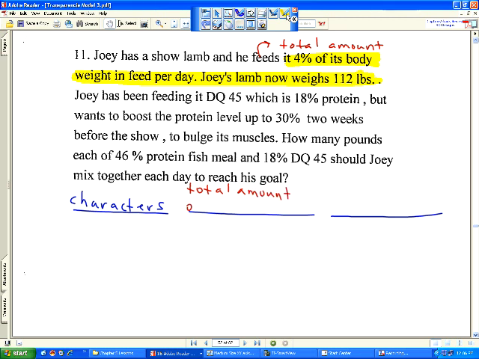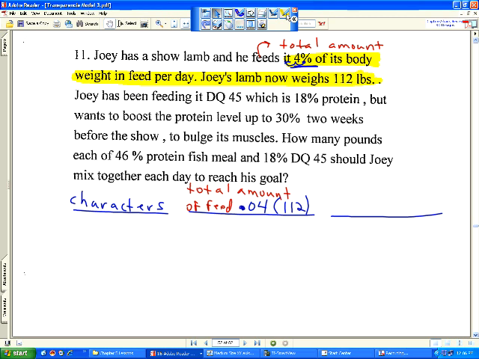The total amount of feed, DQ45 and fish meal included, is going to be 4% of his body weight. To change a percent to a decimal, you move it 2 places, 0.04 times his body weight of 112 pounds. That's the total amount of feed that we're going to feed that lamb, 4% of his body weight in feed per day.